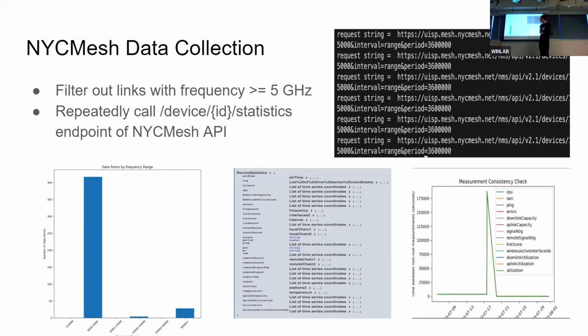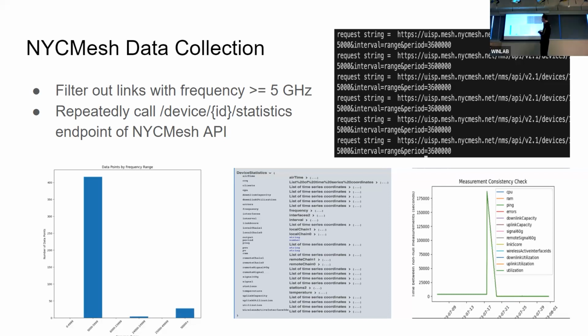Okay, so the data collection went as follows. First, we wanted to filter the links by frequency, because only the higher frequency links are the backhaul links where the majority of data is transmitted. You can see here that a great majority of the links are not backhaul links, but these links here are the ones we want to analyze.